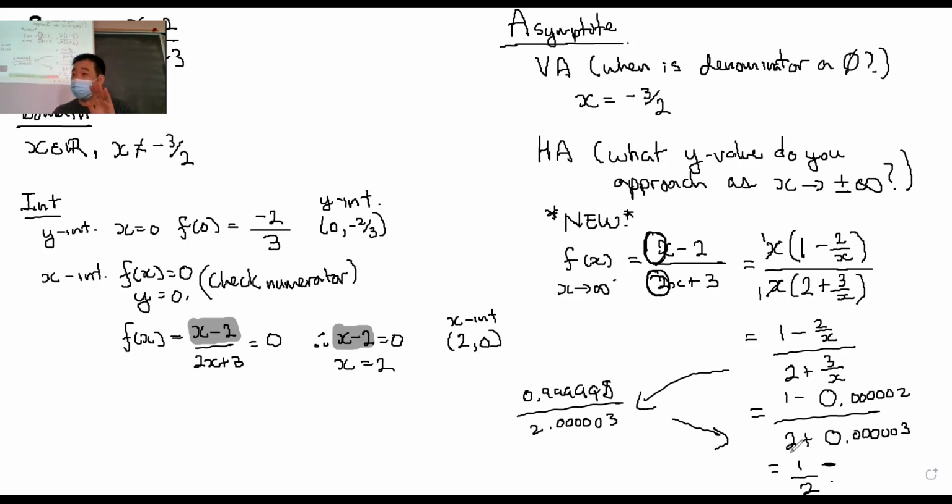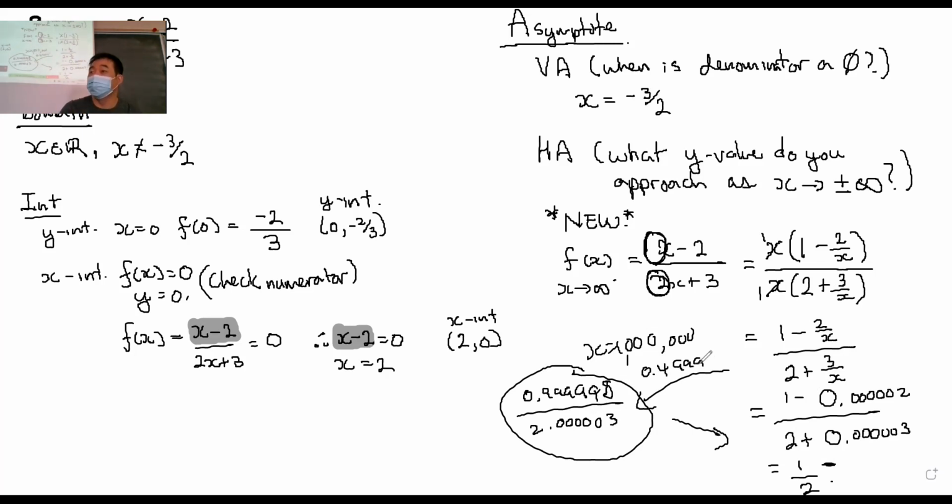No, not negative or positive, whether it's approaching from the bottom side or if it's coming down from the top side. Well, if I plugged in when x equals 1 million, my y value was 0.4999. It's lower than 0.5. It came from underneath. That's how you know.